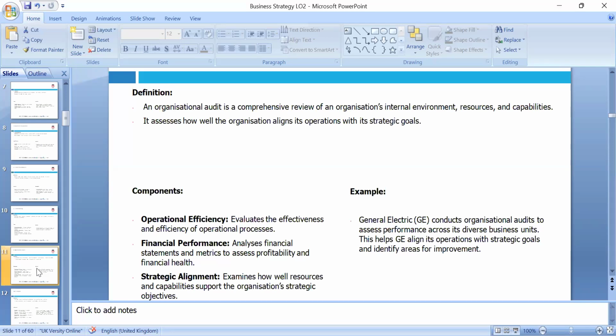Strategic alignment: the capabilities and the organization's strategic objectives. We have a company called GE, General Electric, an American company that makes many things, a big organization, like General Motors. The audit assessed performance across diverse business units, and GE aligned the operation with the strategic role and identified improvements.